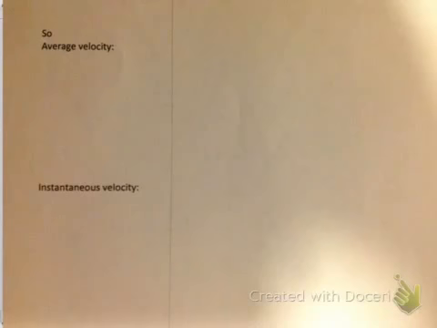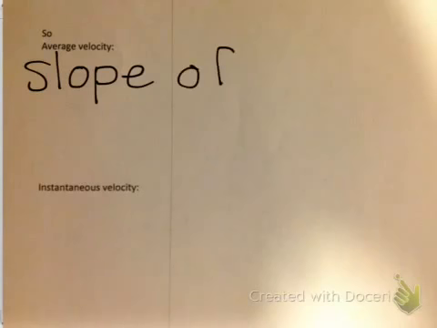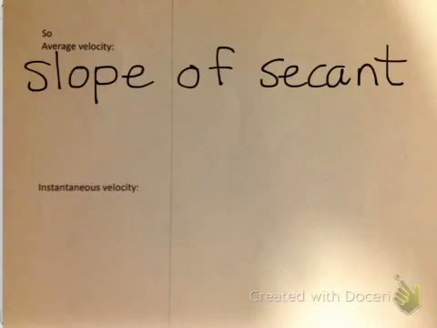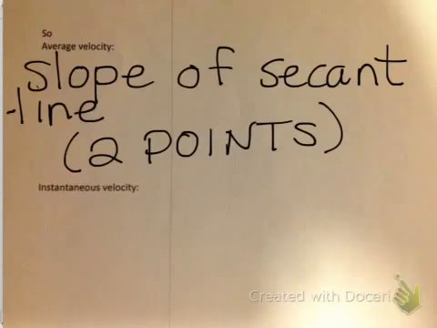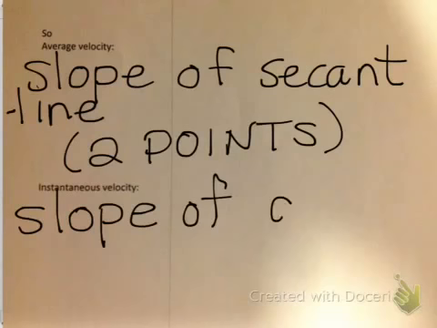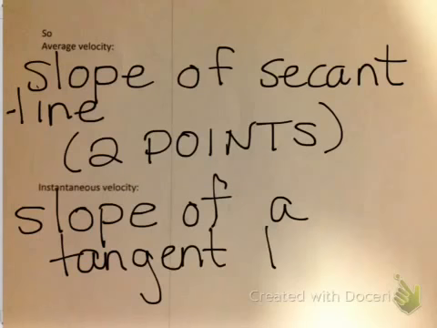Okay, so I've already said this, but I'm going to write it. Average velocity is slope of a secant line, because you have 2 points, where instantaneous velocity is finding the slope of a tangent line, because I only have 1 point.